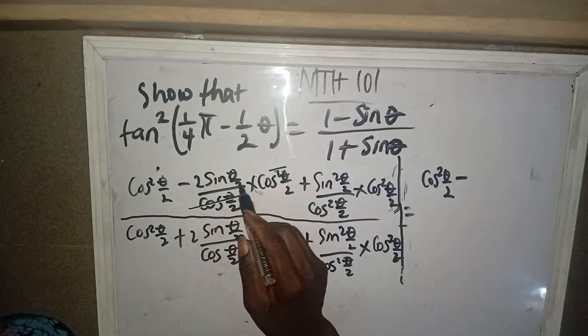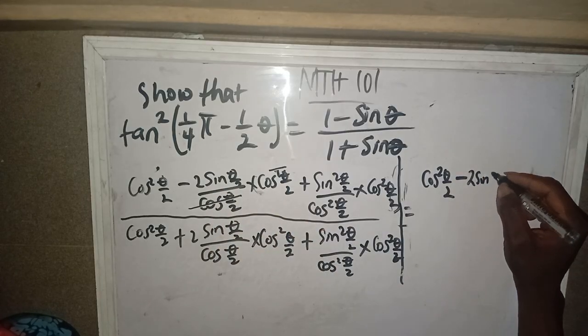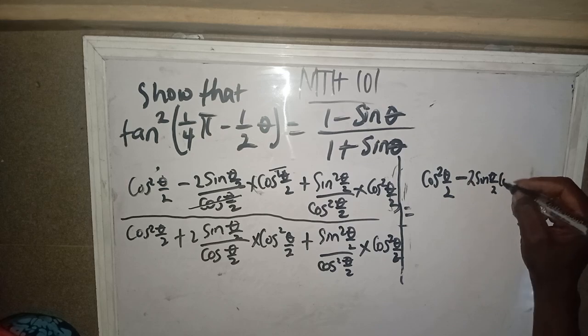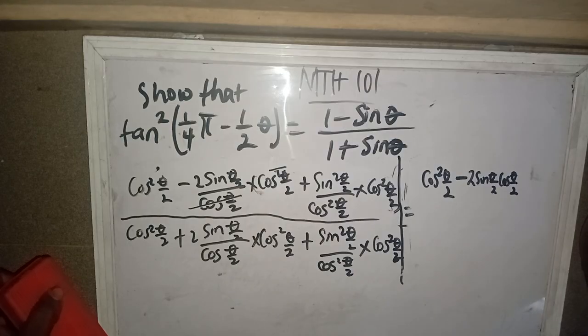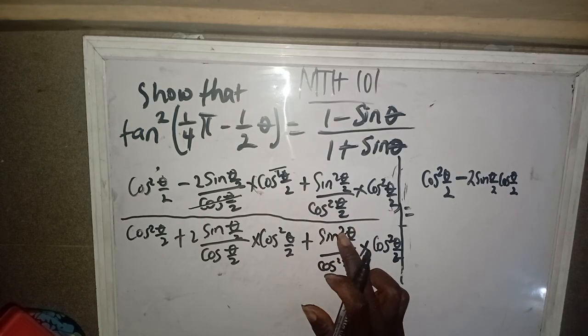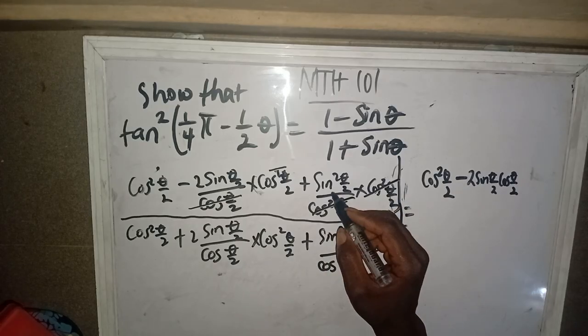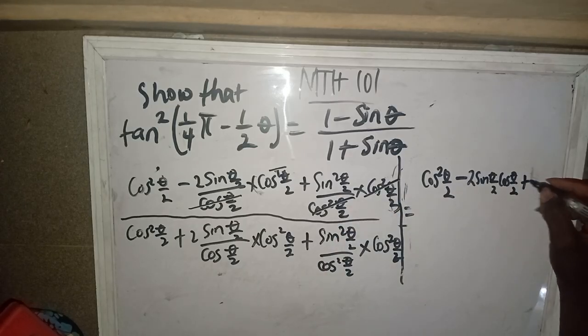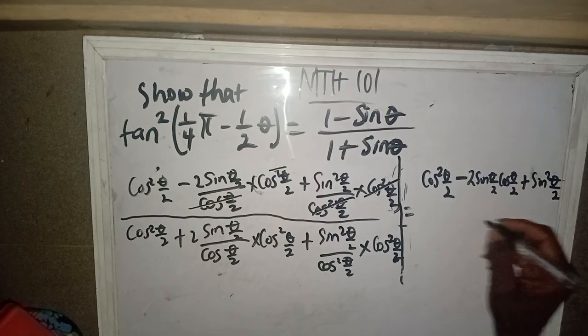Here we have 2 sin theta over 2 cos theta over 2. Are we together? So here what do we have? Here we have cos square theta over 2, cancel cos square theta over 2. What do we have? We have sin square theta over 2 plus sin square theta over 2.